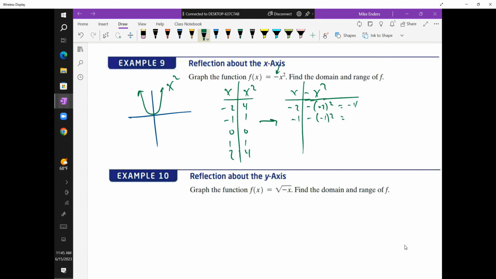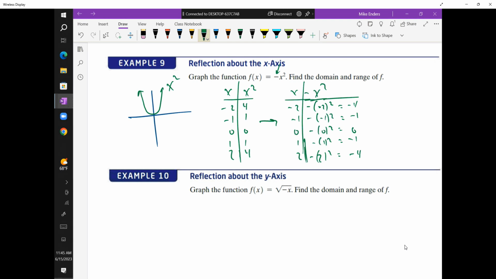So the square of -1 is 1, and then we take the negative of that value. 0, well, negative of 0 squared is still going to be 0. That's the easy one. Then we get 1 and 2 back down through here. So we get the negative of 1 squared. So 1 squared is 1, and then negative. And then negative of 2 squared. So 2 squared is 4, and then the negative makes -4.